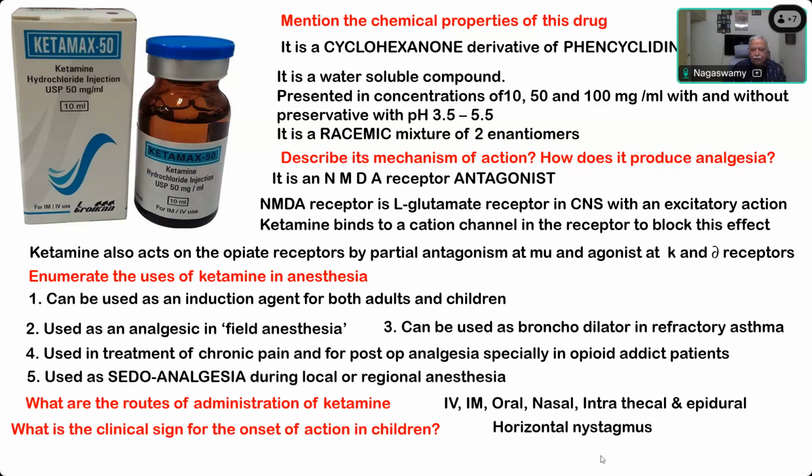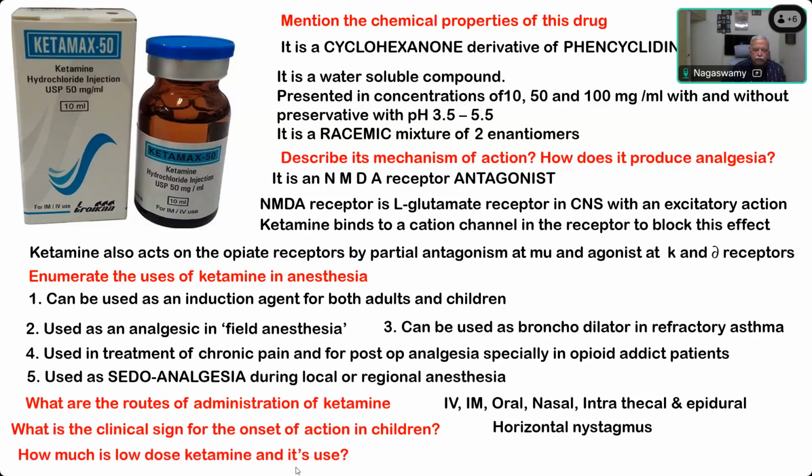If you look at the eye of the child, it will have horizontal nystagmus, which happens both during onset of action as well as during recovery. It is a short duration action. If you give it IM, it will act for 15 to 20 minutes, and we will have horizontal nystagmus both during onset and when the child recovers from the effect of the drug.